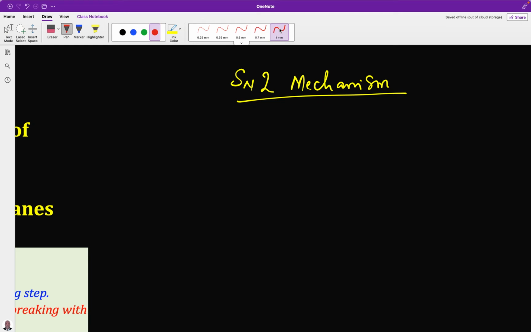SN2 mechanism, it is a one-step reaction. Only one step. Why do I say only one step reaction? Because bond formation with the nucleophile and the heterolytic bond breaking with the halogen takes place at the same time. So it is only a one-step reaction.